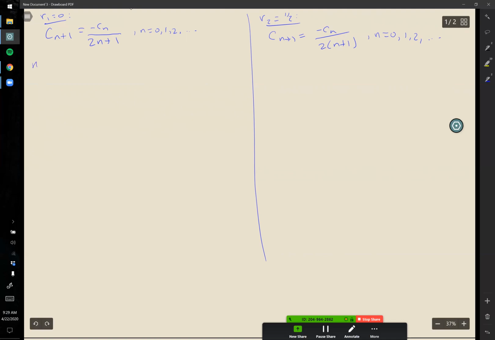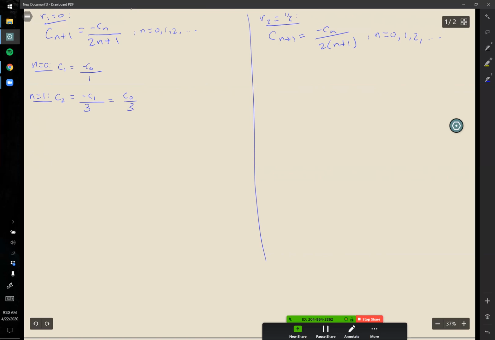So for n equals 0, we get C1 is equal to negative C0 over 1. Okay, for n equals 1, I'm going to go kind of fast here. C2 is equal to negative C1 over 2 times 1 plus 1, so 3. But I know C1 was up here, so it's going to be negative times negative, so positive C0 over 3.